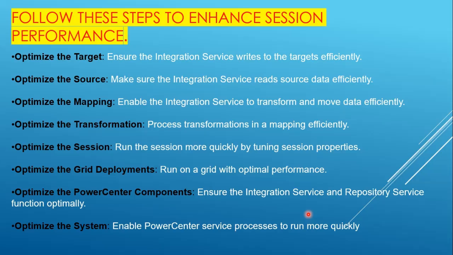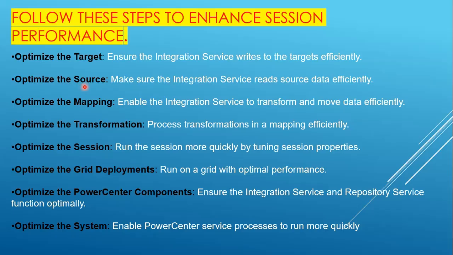What is the first rule? First, go into the session log and read it, and identify your bottleneck. Once you identify the bottleneck, first start with fixing the target. Ensure the integration service writes to the target efficiently. If it does not write to the target efficiently, then you need to check different approaches and fix this first. Now the second thing: optimize the source.